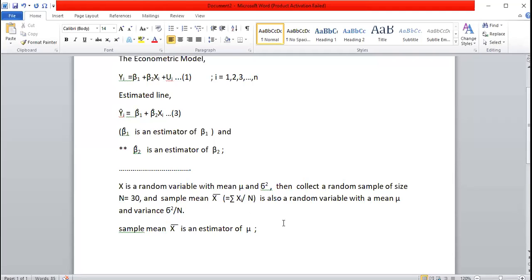You have to use a known thing to talk about an unknown thing. That is the whole point of statistics. So when you don't know mu, you use X bar. You don't know sigma square, what do you use?